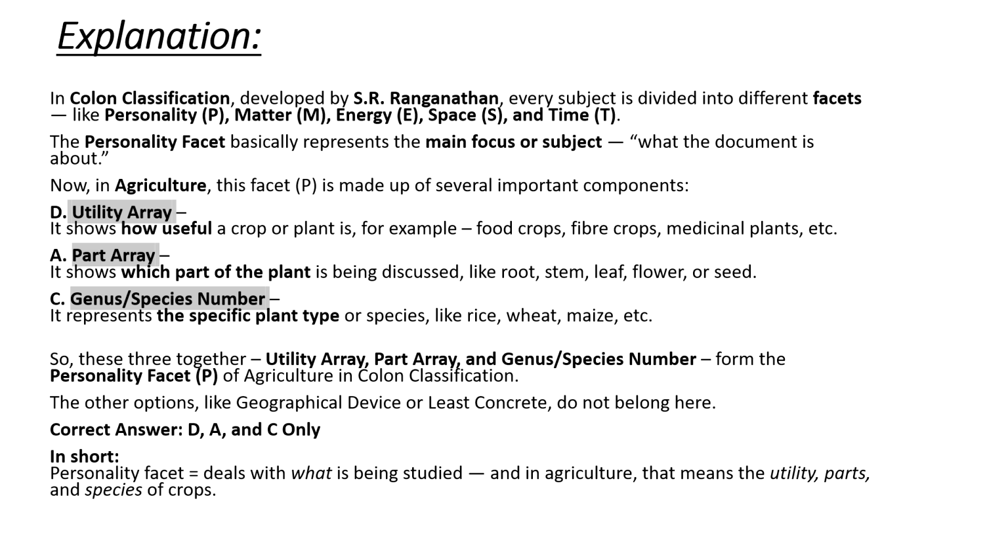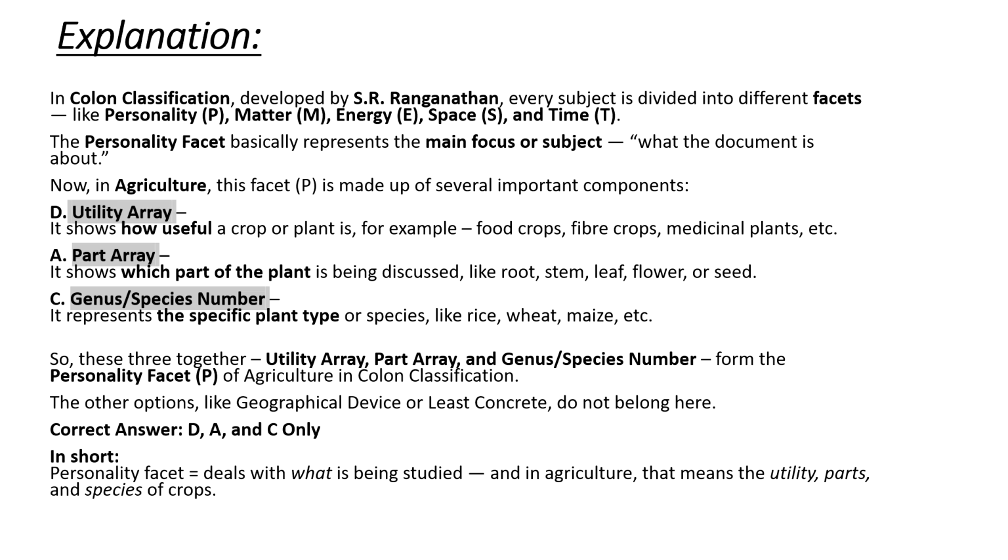For example, food crops, fiber crops, medicinal plants, etc. Part array shows which part of the plant is being discussed, like root, stem, leaf, flower, or seed. Next is genus and species number. It represents the specific plant type or species like rice, wheat, maize, etc.